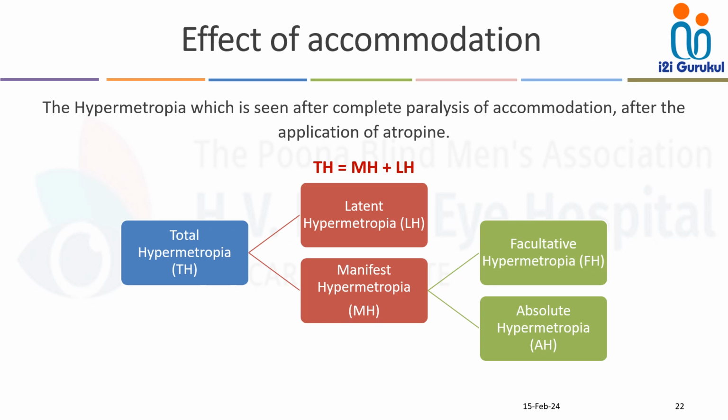Manifest hypermetropia is determined with non-cycloplegic refraction, and latent hypermetropia is determined with cycloplegic refraction. It is caused by the overfunctioning of ciliary muscles. Total hypermetropia means manifest hypermetropia plus latent hypermetropia.